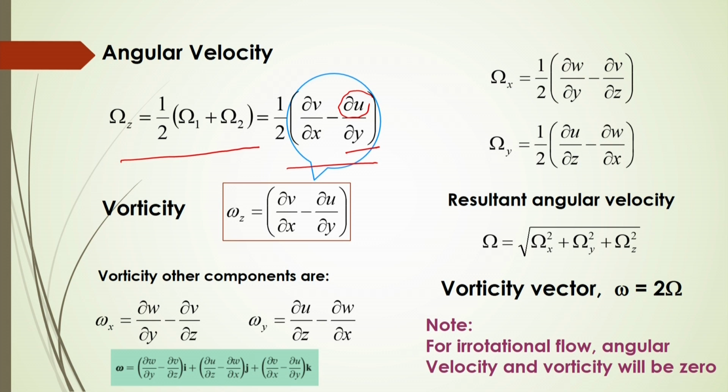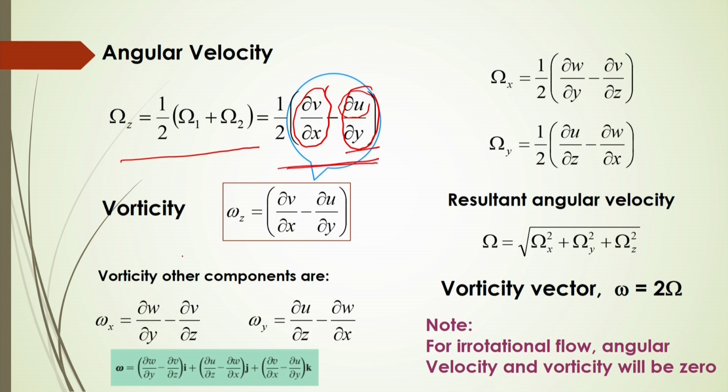These terms are called velocity gradients. Now, the combination of these velocity gradients in the x and y directions is represented by this angular velocity.